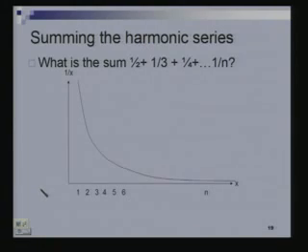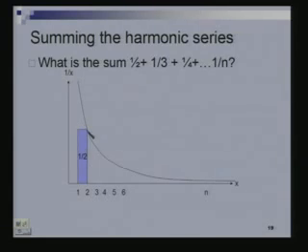Okay, so we are summing a harmonic series. So we have to sum 1/2 plus 1/3 plus 1/4 up to 1/n. Now one trick that we employ very often: we take this graph. This is a graph of the function 1/x. These are points 1, 2, 3, 4. Let me draw a line here at 2.